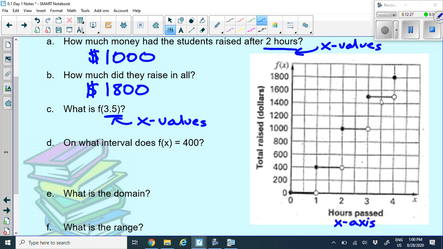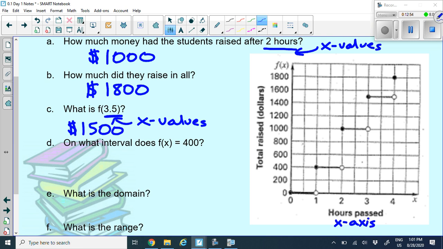Now, though we don't see a solid point, this is still close, just like when we did some of those step functions. It is still part of it because it's horizontal, it's a constant. So we read this function. It looks like this line segment is in between 1,400 and 1,600. So I would say halfway in between is about 1,500. So our final answer for this one would be $1,500.